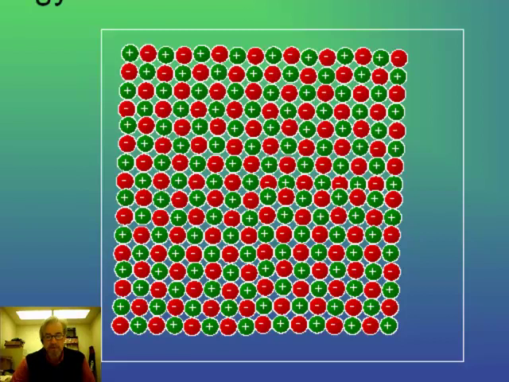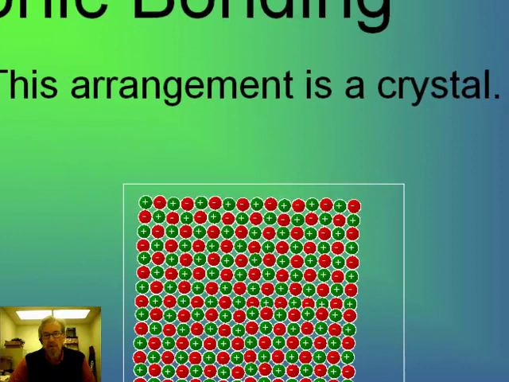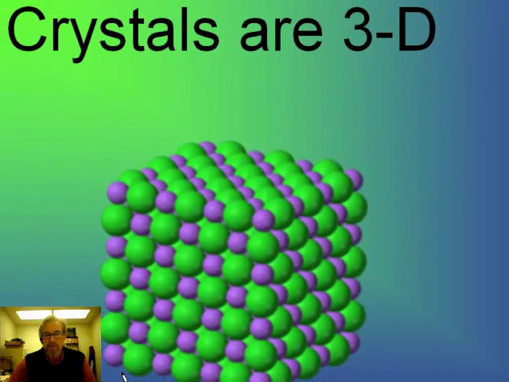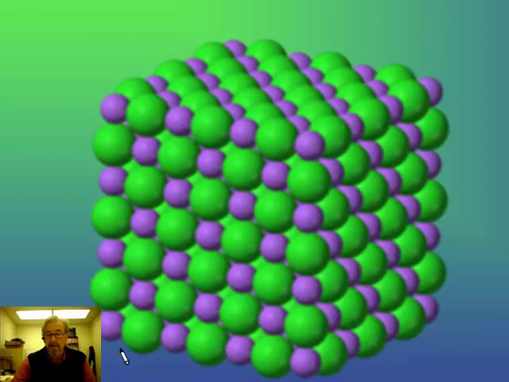That arrangement is called a crystal, and of course real-life crystals are 3-dimensional because atoms aren't flat things, they're 3-dimensional. So this drawing here is actually what we imagine that a sodium chloride crystal would look like, and experiments that we've been able to do on these things over time has shown that that's probably right. They probably really do look like this if we could see them.